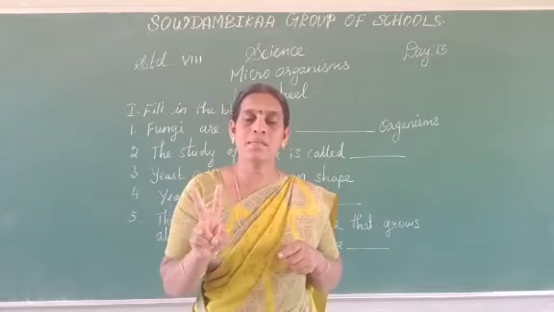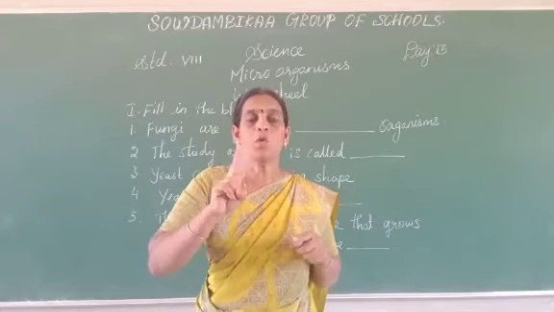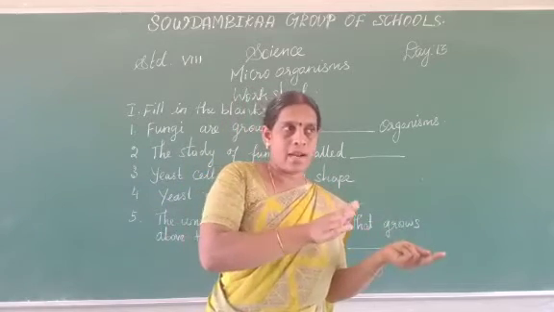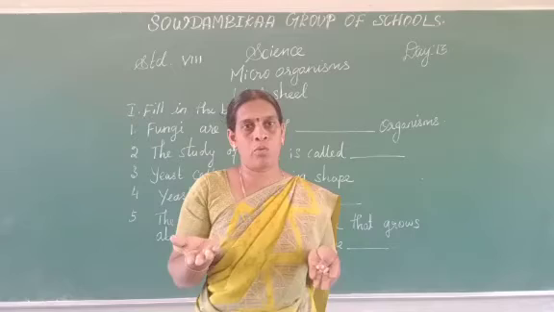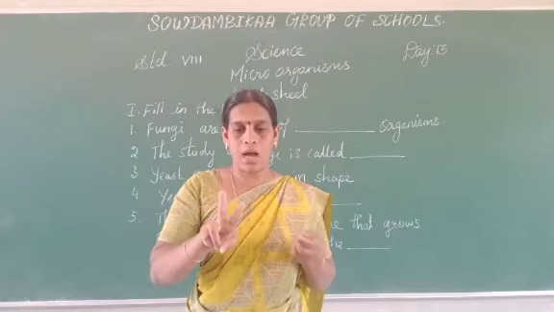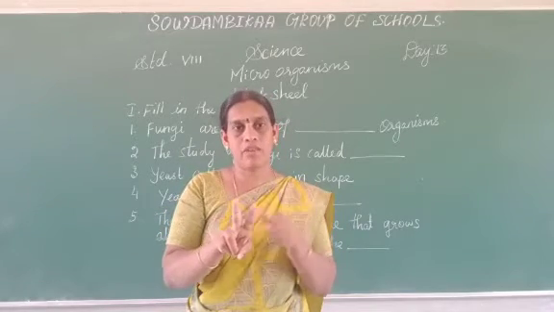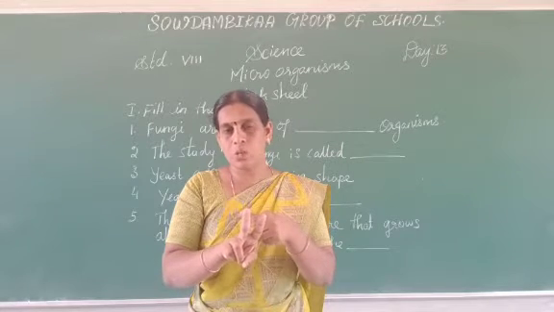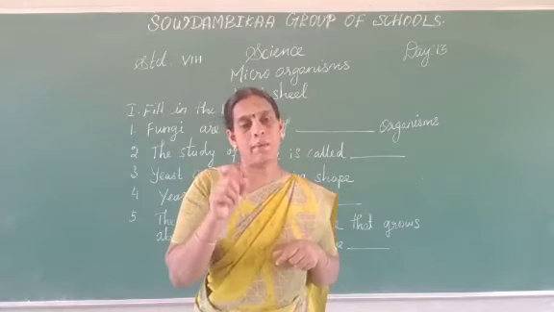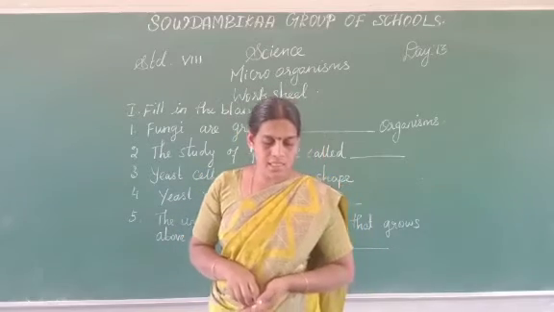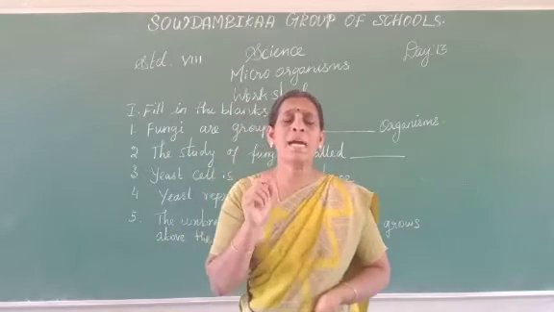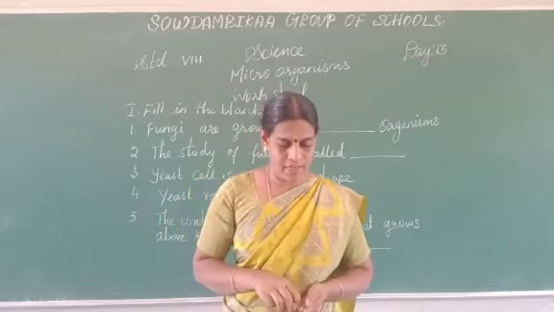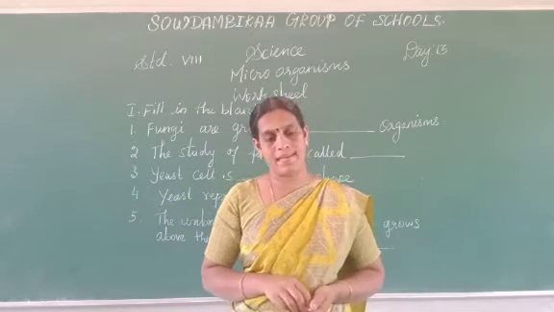If you give one thing to another person, that person gives one thing to me. So the alga gives food to the fungi, and the fungi give water and minerals to the alga. This is symbiosis. An example for symbiotic is mycorrhiza. What is meant by mycorrhiza? The fungus in the root of vascular plants.